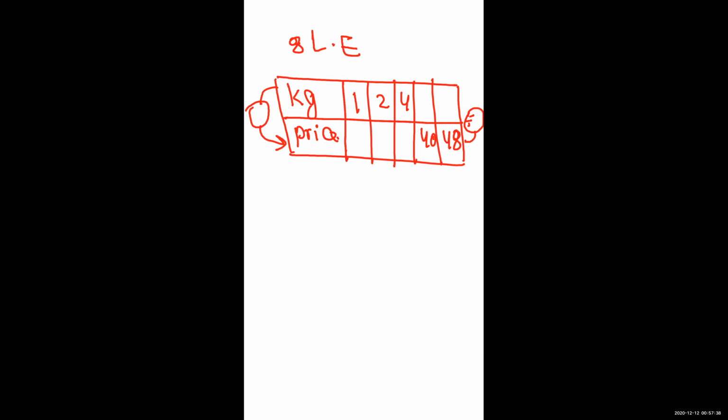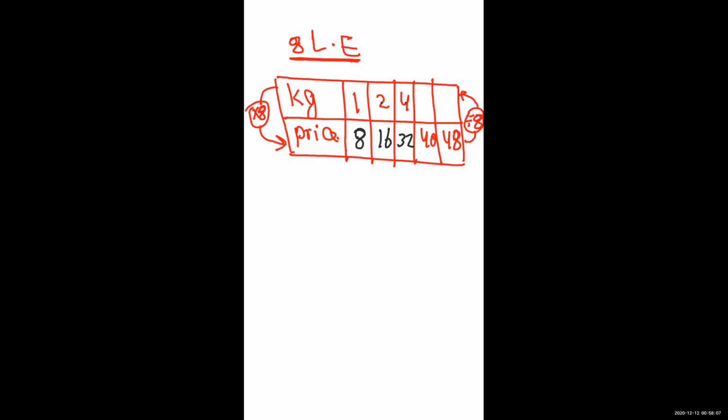Okay, so now we are going to multiply by a number and then we will divide also by a number. Here in this question, 1 kilogram equals 8 pounds. So to get the price, we are going to multiply the number of kilograms by 8, of course, right? So this means we are going to divide the other side by 8. So it's very simple. 1 kilogram times 8 means 8. 2 times 8, 16. 4 times 8, 32.